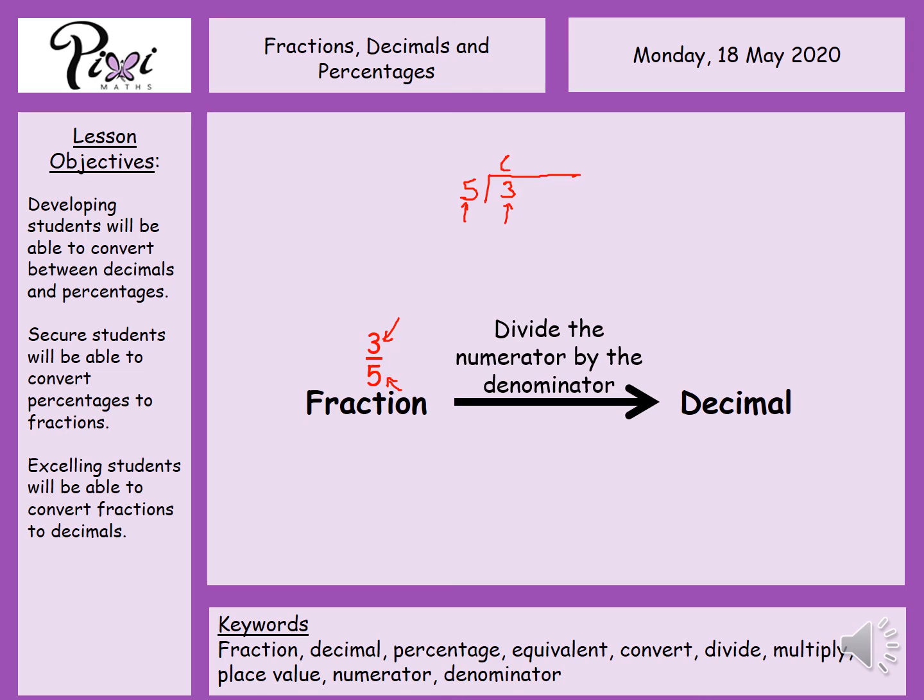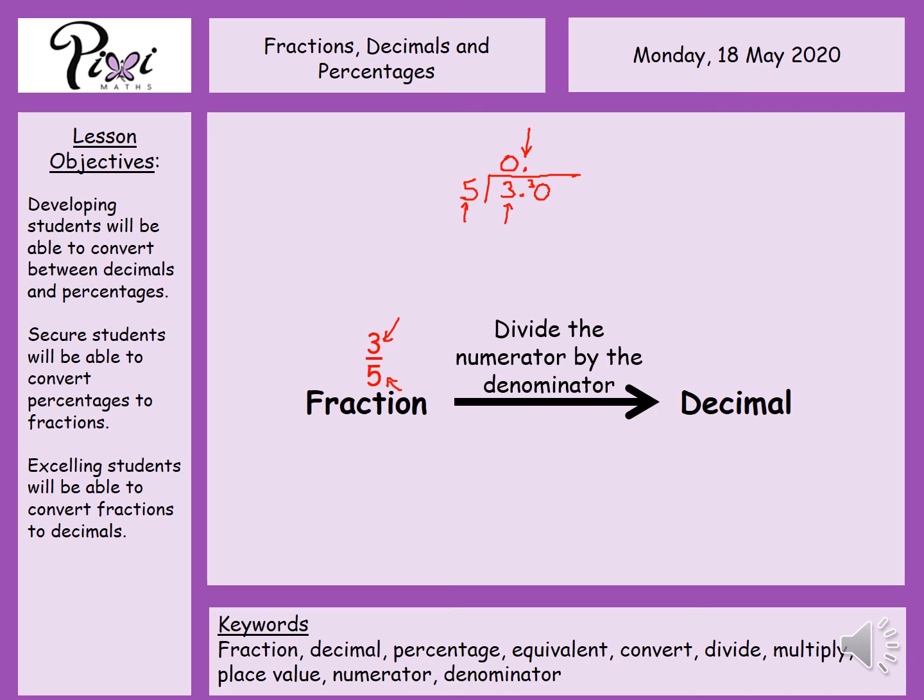It goes in 0 times, so we write a 0 there. Because we've not used the 3 yet, we carry the 3 to the next one. We start off with 3.0, which is just the same as 3, but we carry the 3 to after the decimal point. And I've lined up this decimal point with the one below.